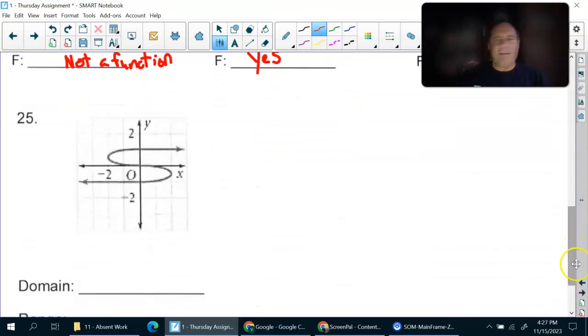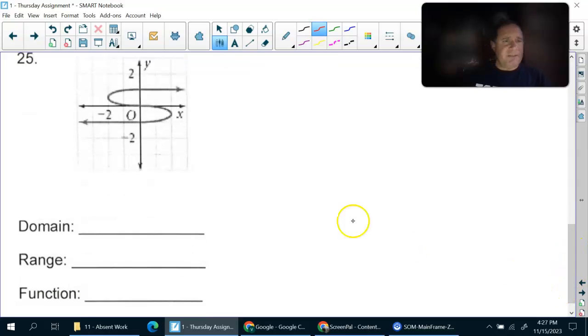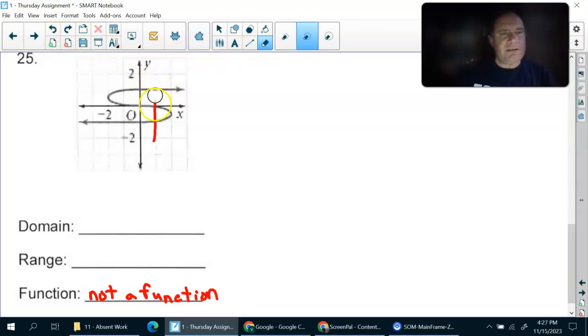For number 25, this is definitely not a function. If you did your vertical line test, it would cross definitely more than once. So every x does not have its own y. And I'll erase this just because I don't want to get anybody confused.